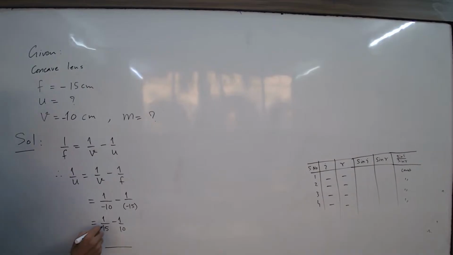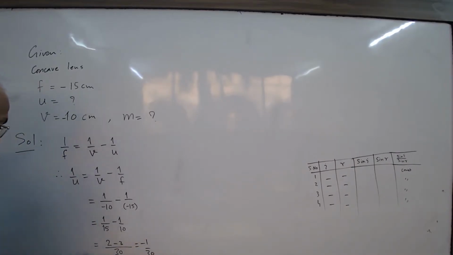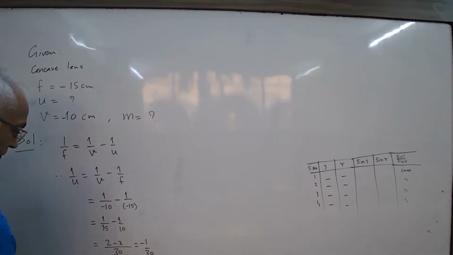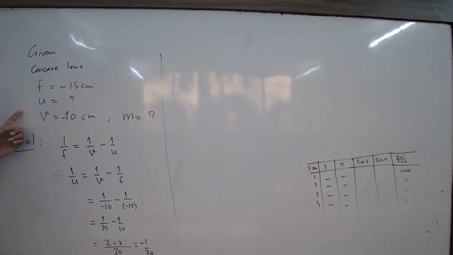So what is the LCM? 30. So this is minus 3 plus 2, which is minus 1 by 30. So this gives us u equal to minus 30. So u has to have a minus sign.